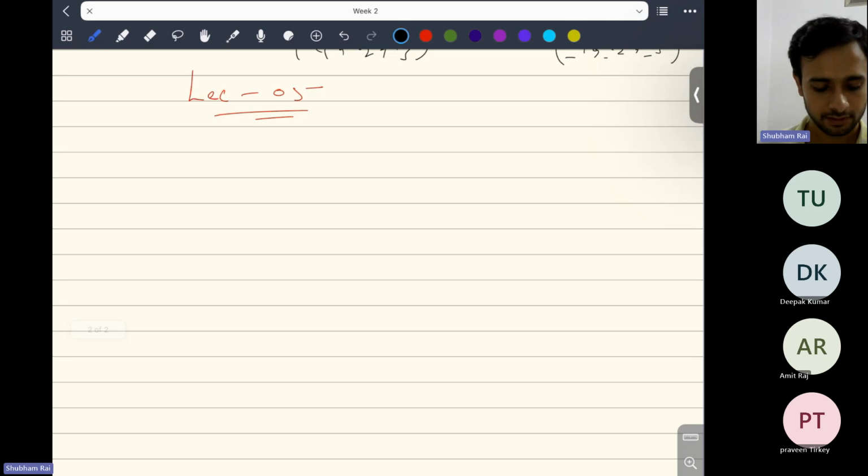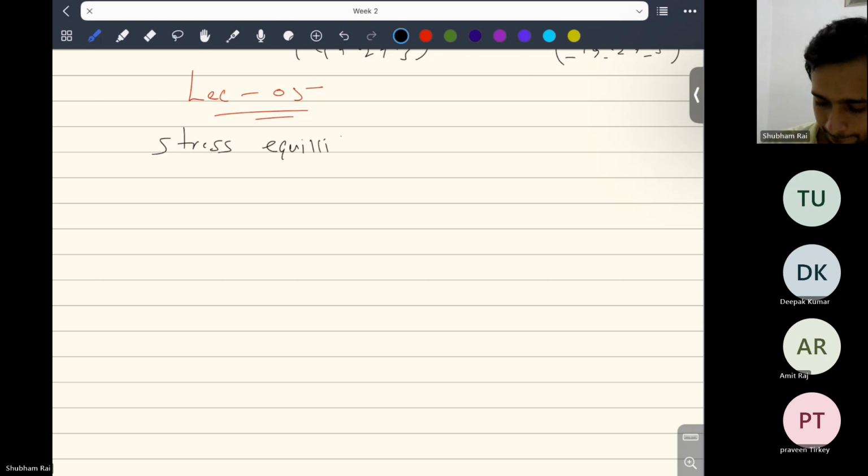In lecture 5, we learned about stress equilibrium equations. I'm just going to write them. Here we have stress equilibrium equations.